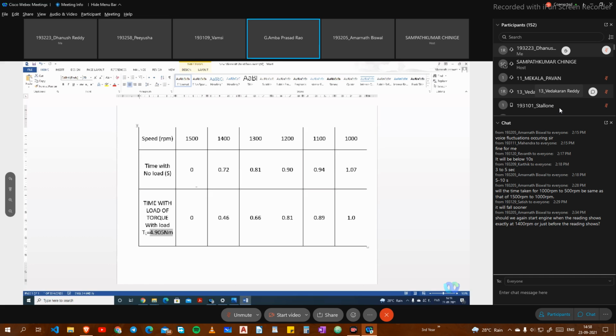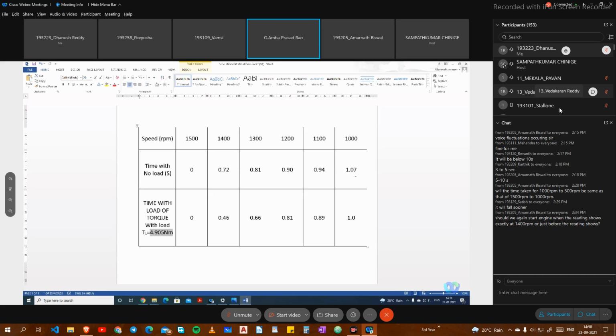Yes, for 1300 it is 0.81, for 1200 it is 0.90, for 1100 it is 0.94, and for 1000 it is 1.06. Okay. That's how we have taken. As we applied the load, the fall in speed is a little faster.